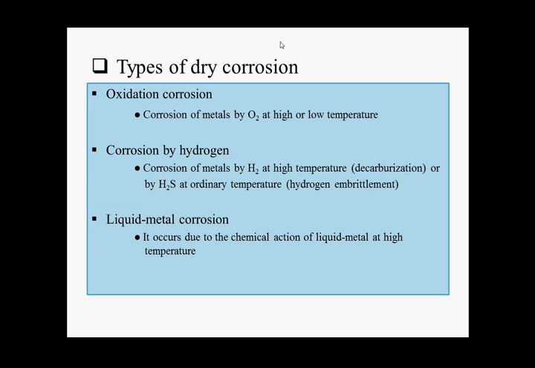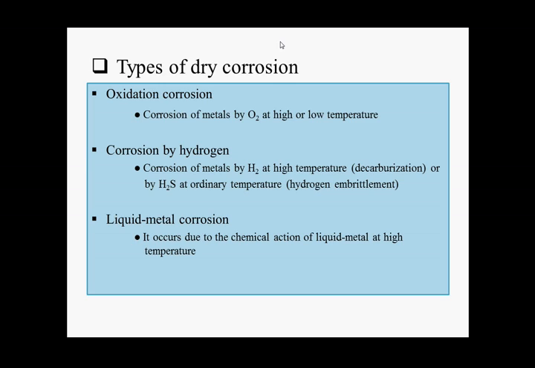Also, hydrogen sulfide at ordinary temperature attacks the metal and makes it brittle in nature, leading to crack formation, etc. And that is called hydrogen embrittlement. So these are the two types of corrosion by hydrogen.